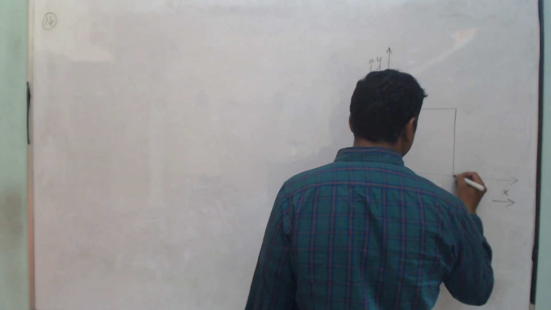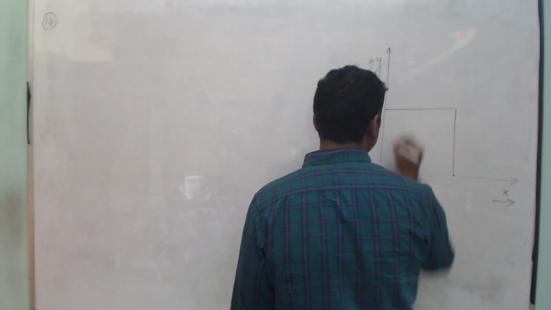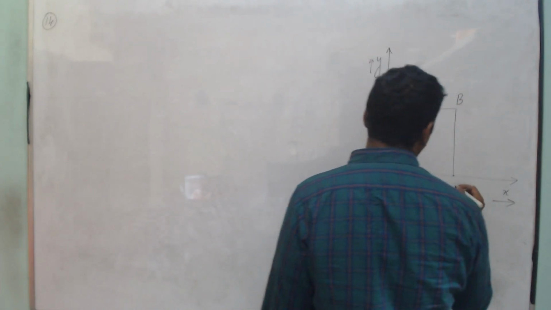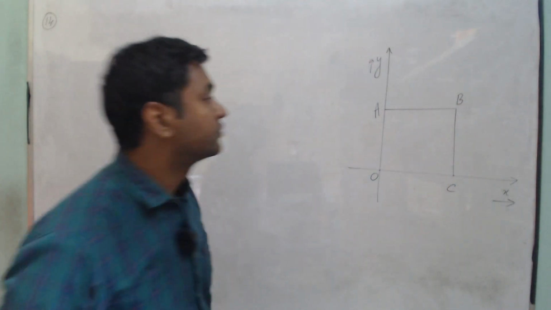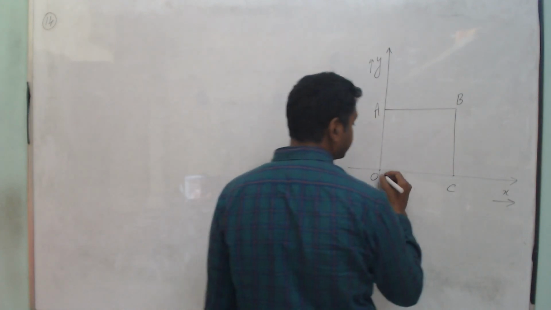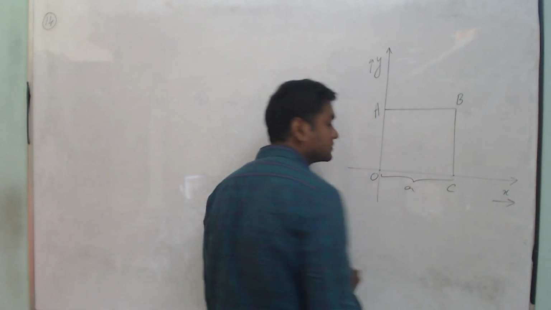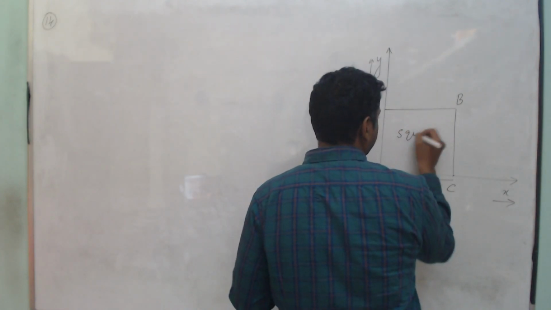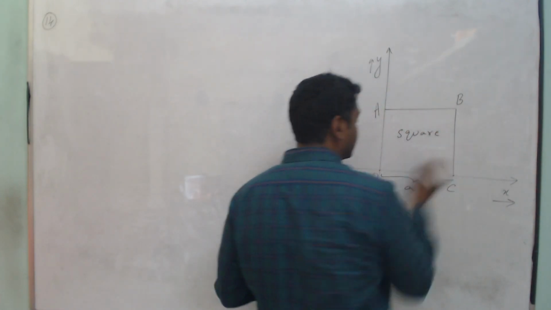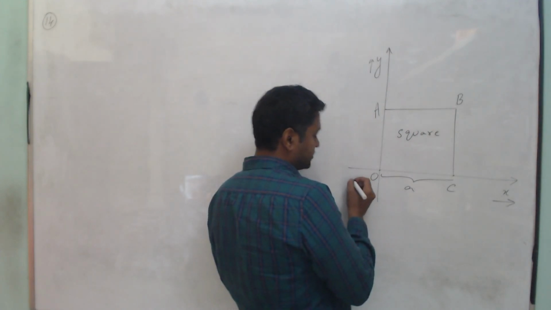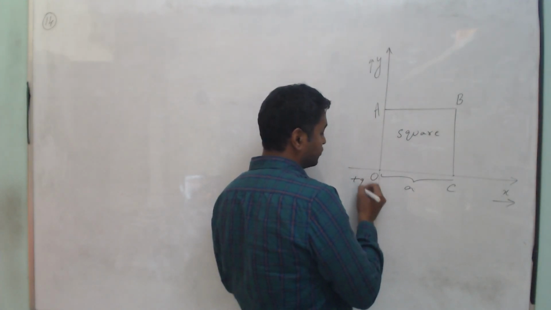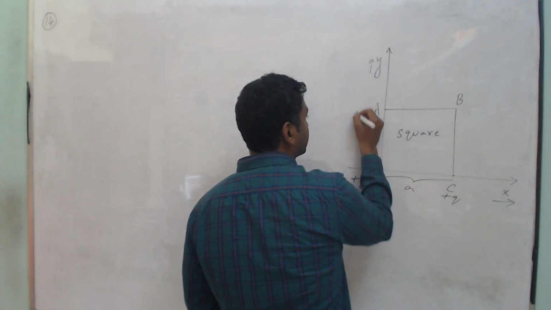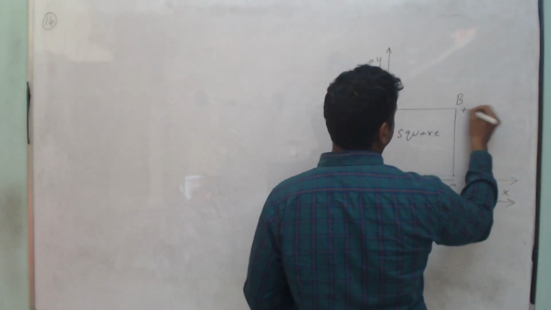So four charges are placed at the vertices of a square of side A. It is given that this is a square of side A. The charge at point O is plus Q. Take all the four charges to be plus Q only. Okay. Yes, sir.